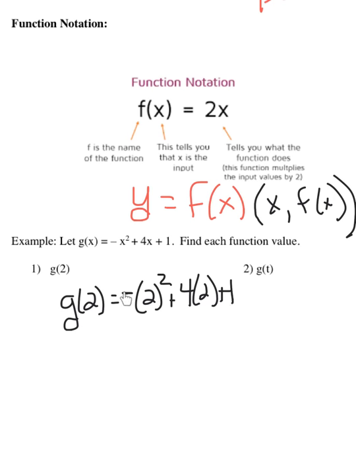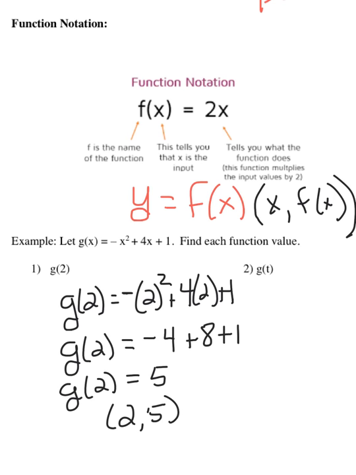Then I'm just going to simplify this. I have substituted in my 2, I simplified this, and this becomes a 5. Then we end up with the point (2, 5). My input was 2, my output 5. So I end up with this solution, (2, 5).